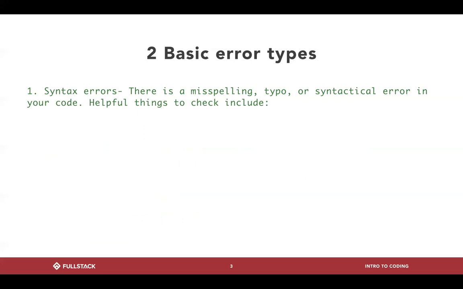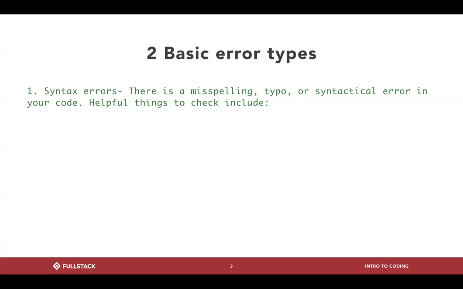There's syntax errors, which means that there's been a misspelling, a typo, a syntactical error. So one of the most common things for me is just going through, punching out code. Maybe I have a variable called like numCheck, right? And I am just going through and I accidentally write numberCheck, right?